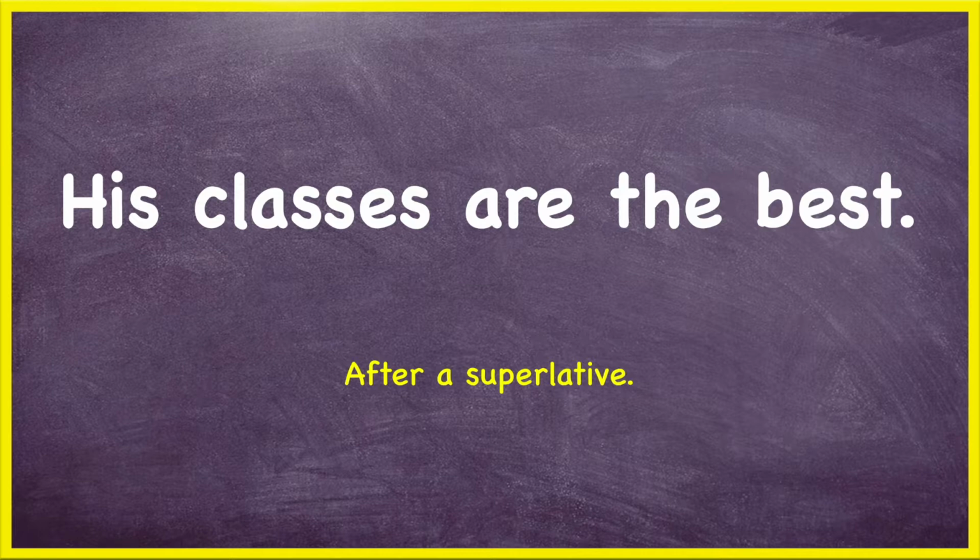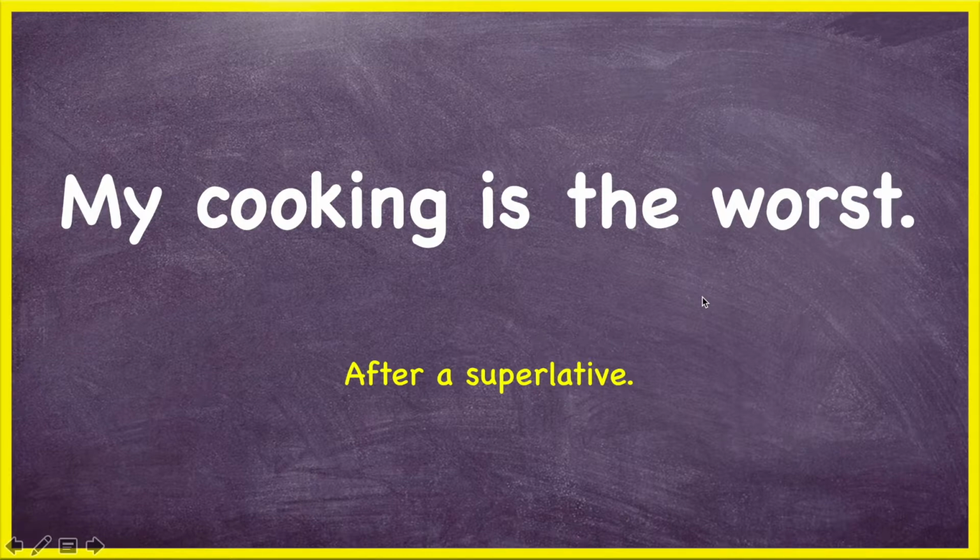His classes are the best, right? What does this mean? It means his classes are the best classes, right? But we don't need to put it after the superlative because we're already talking about classes and we already know. My cooking is the worst. Again, my cooking is the worst cooking. But we've established we're already talking about cooking.